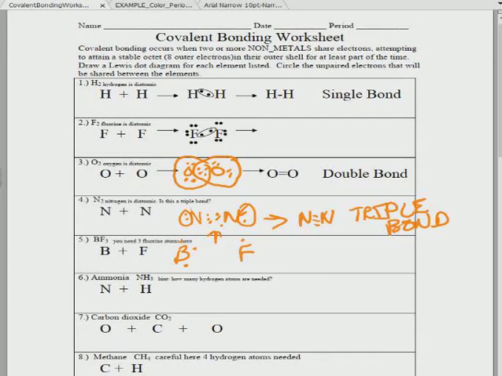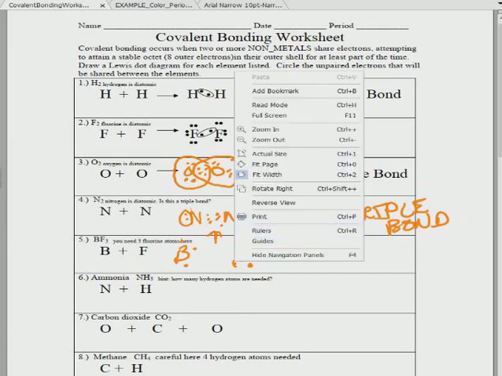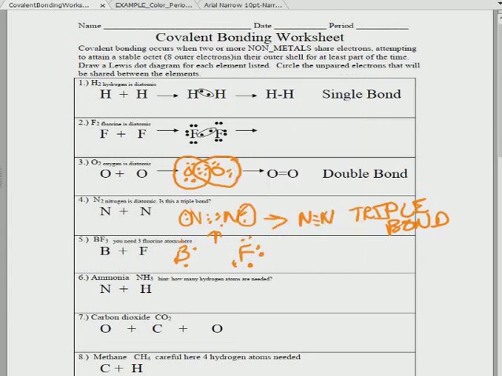So we'll put 1, 2, 3, 4, 5, and 6, and then 1 here. If 2 of these combine together, that gives me B, and that'll give me 1 and 2, right? So that's these 2 combining together. And then we have 1 extra electron. Well, fluorine needs an electron.